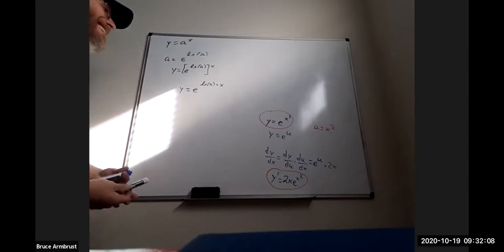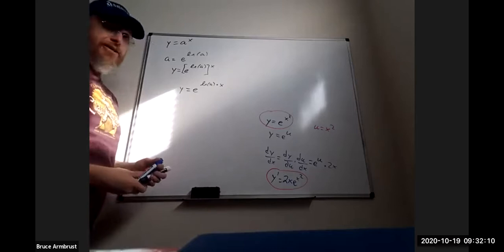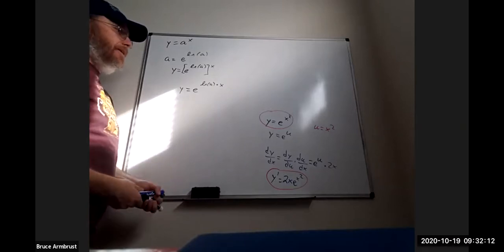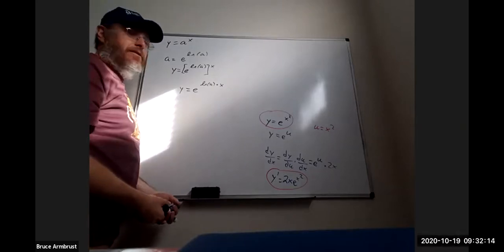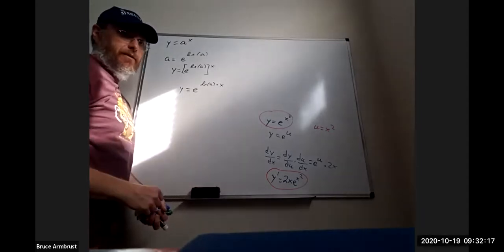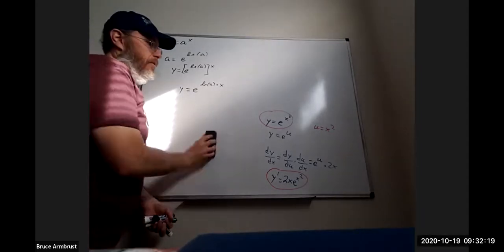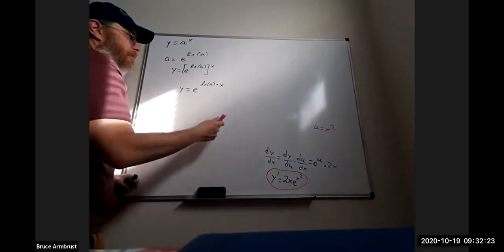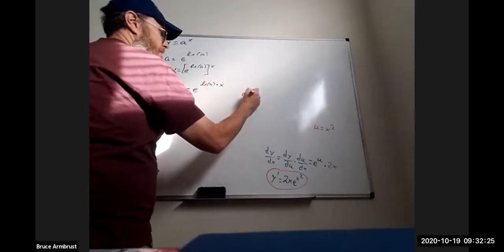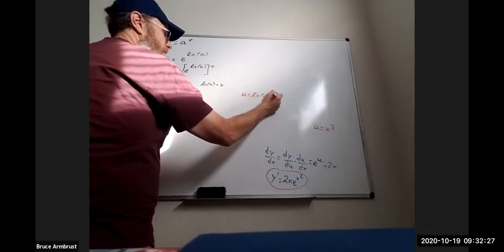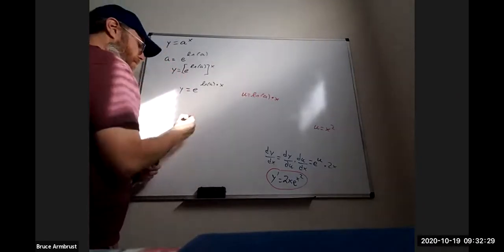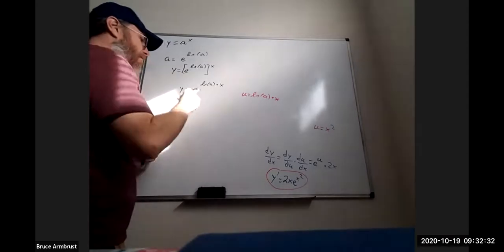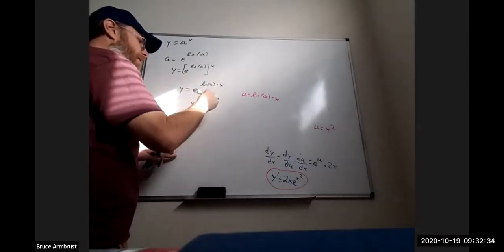All right, well, the reason I did that is now I can differentiate. And I can differentiate using the chain rule, just like we did over here. So I'm going to let u equal the natural log of a times x, so that now we've got y equals e to the u.